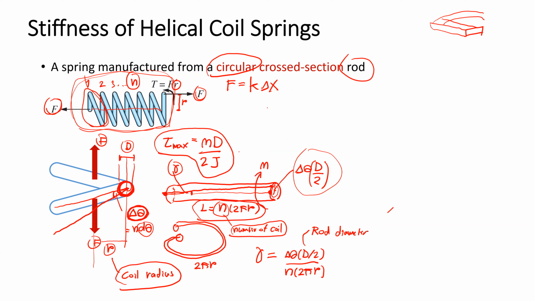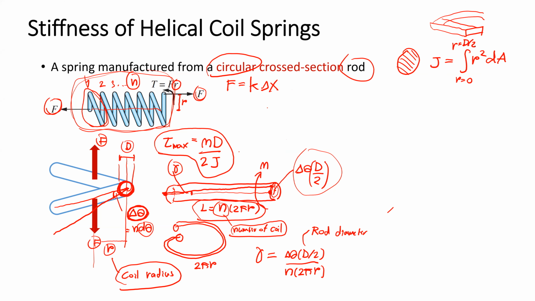For a circular rod, we derive J from the integral of r squared dA, from r equal to 0 to r equal to the radius.